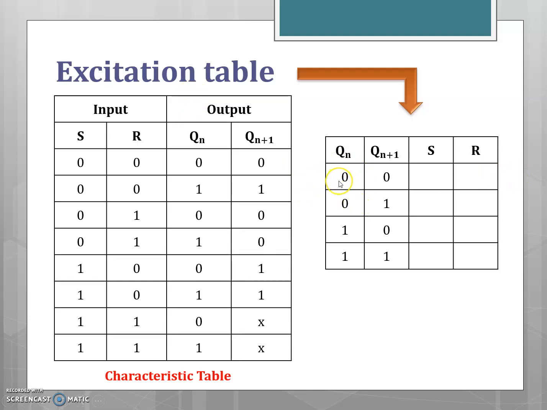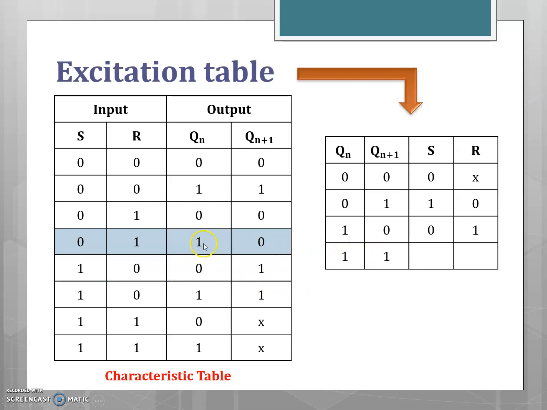Considering the first case, when Qn equals 0 and Qn plus 1 equals 0, S is equal to 0 and R is either 0 or 1, so R is represented by the don't care. Next case, Qn 0 and Qn plus 1 1 represents S equal to 1 and R equal to 0.